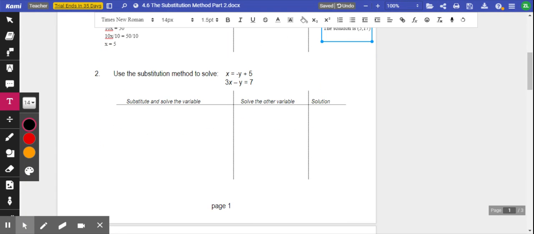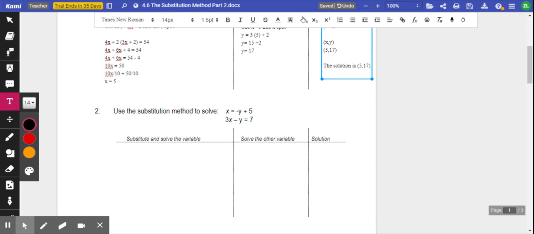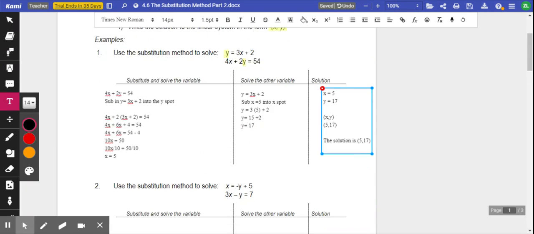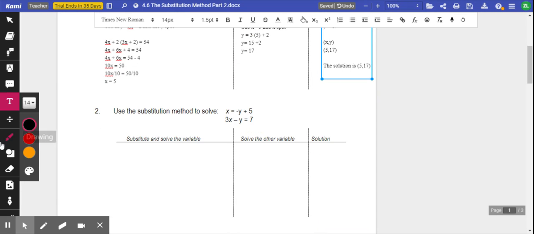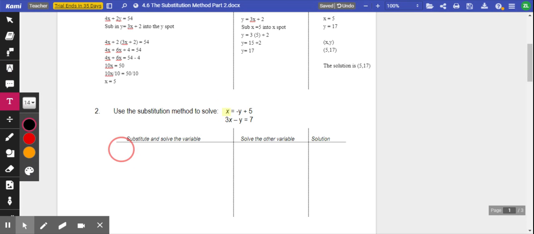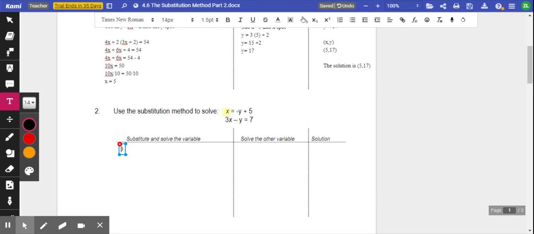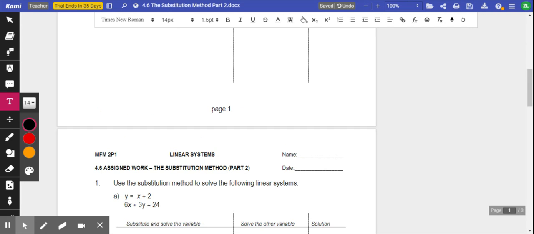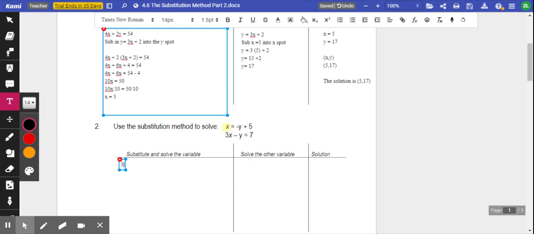All right, so this one here, same principle. It says find once again whichever one is isolated, and in this case we do have it isolated in the x spot. So when we go to substitute, once again, we're going to substitute into the second equation. So 3x minus y equals 7.